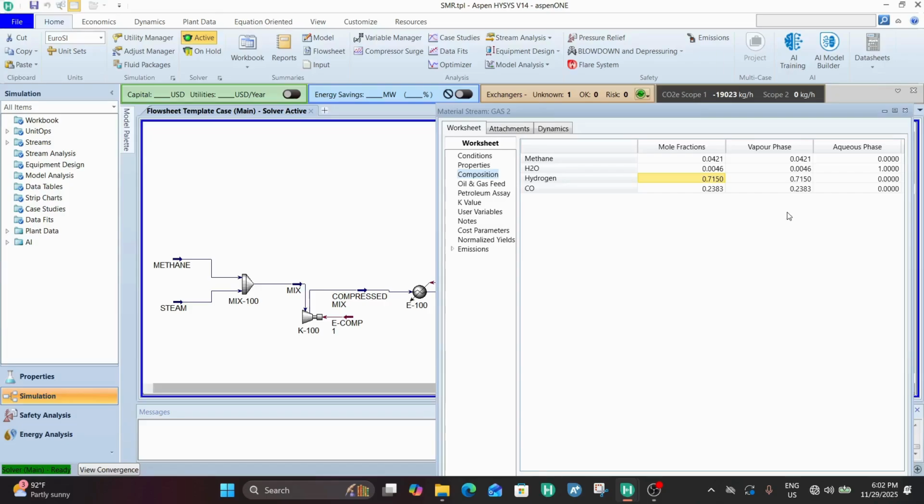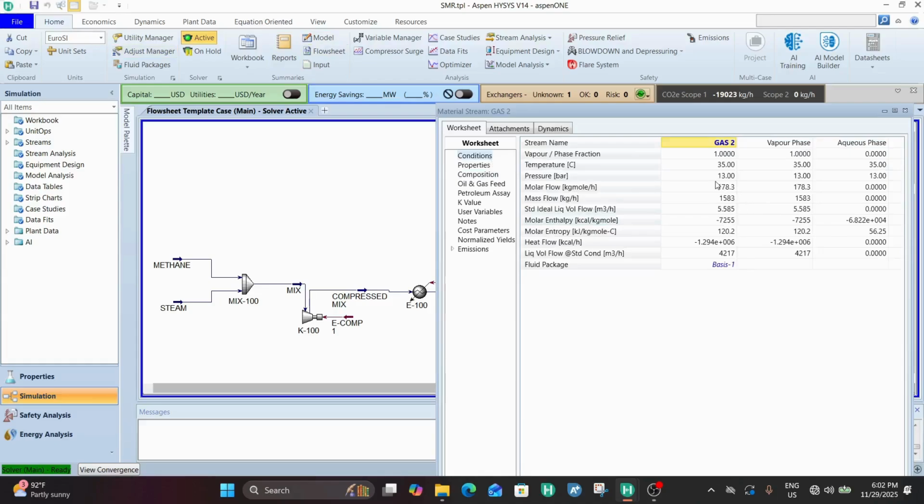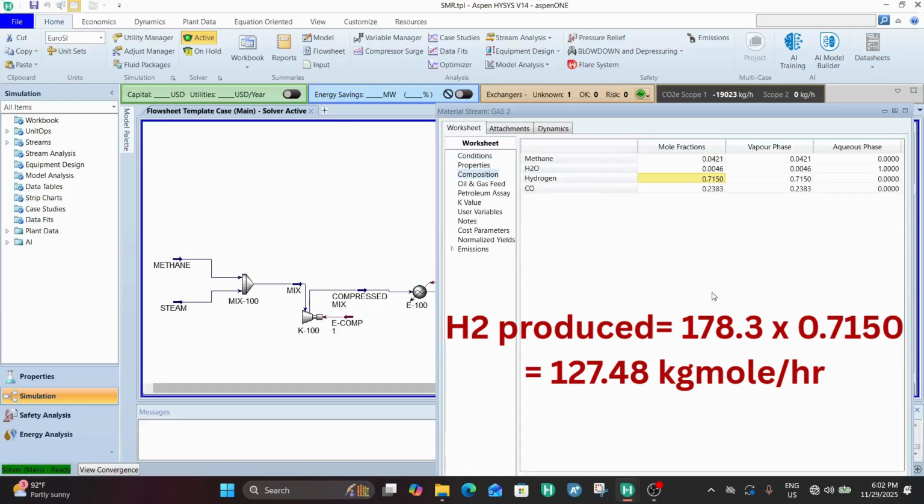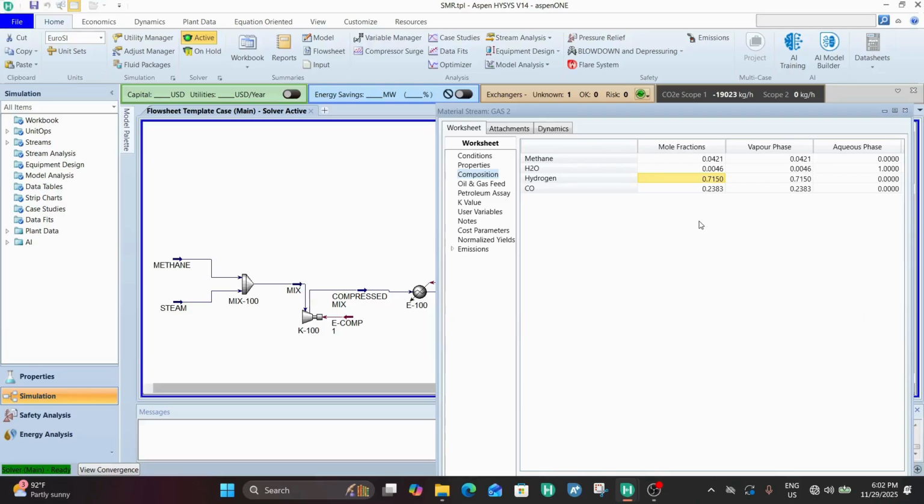So to check the quantity with respect to the molar flow, we just multiply our mole fractions by our molar flow rates, and our molar flow rate is 178.3 times 0.7150, and that gives us 127.485. That's slightly above our benchmark, so we have successfully attained the benchmark needed with respect to the quantity of hydrogen gas.